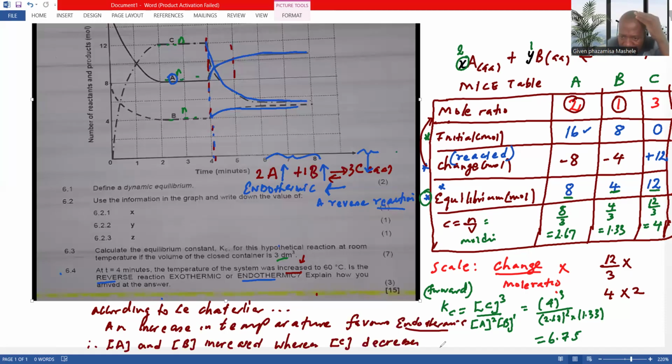It means that the reverse reaction is favored. And since the reverse reaction is favored, it means the reverse reaction is the endothermic reaction, ladies and gentlemen.